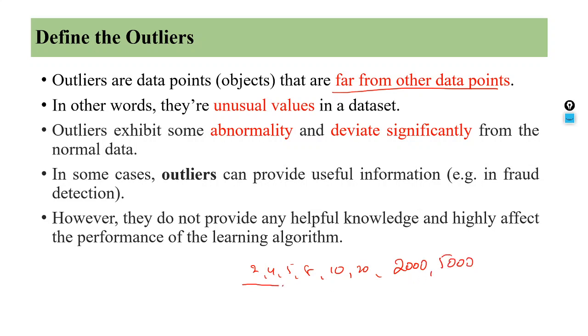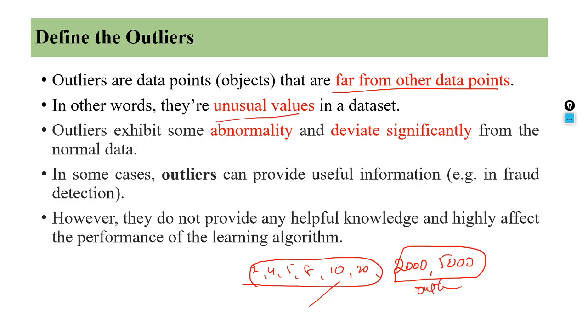All these data are in one magnitude, but these two data points are in a different magnitude, meaning these two values deviate from the original data format. That's why these two values are called outliers. This is unusual values: 2000 and 5000 are unusual values in the data set. Outliers exhibit abnormality and deviate significantly from the normal data.